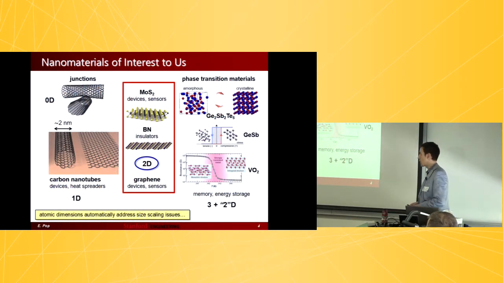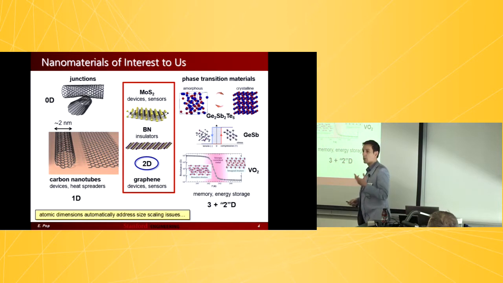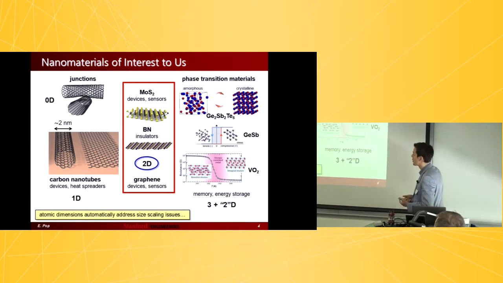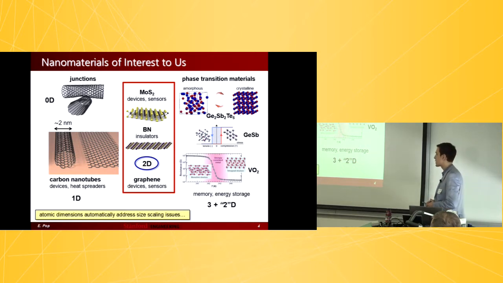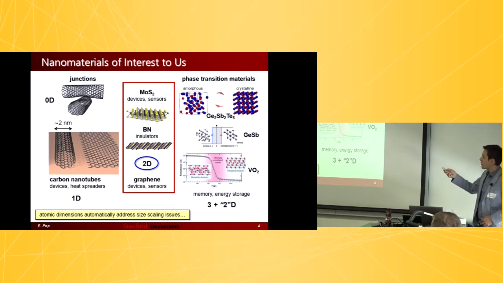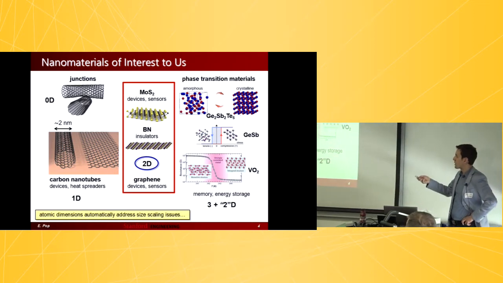And so, really quickly moving into materials, the materials that my group typically looks at are shown over here. I like to group them by dimensionality, so they range from 0D all the way to what I call plus 2D. These are 3D materials that have 2 extra degrees of freedom in terms of phase change, metal insulating, essentially, materials. But the subject of today's talk is 2D materials, and here's a bunch of them.